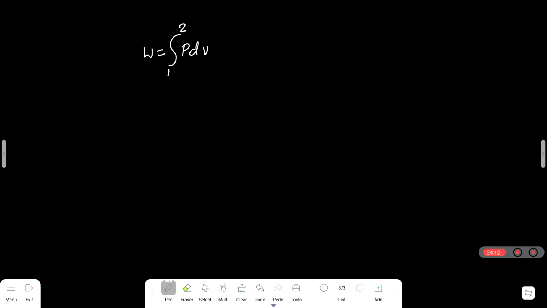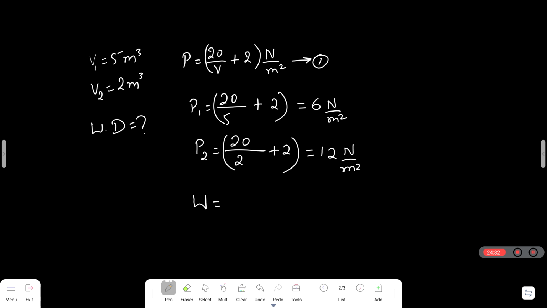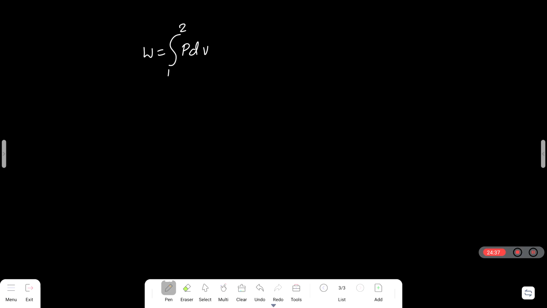So what is the strategy to accommodate that variation? Express P in terms of volume or volume in terms of pressure. Since they have given the equation P equals so and so, I'll substitute the same: 20 by V plus 2, this is pressure, into dV between the limits 1 to 2.